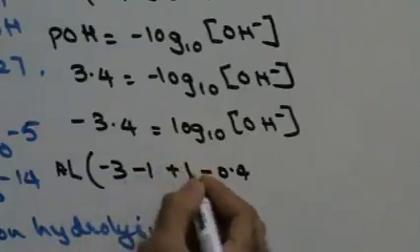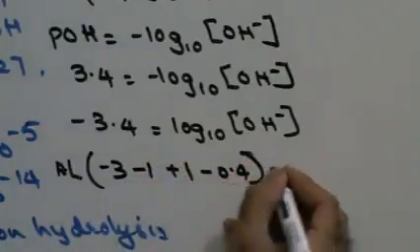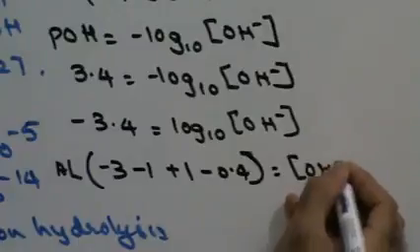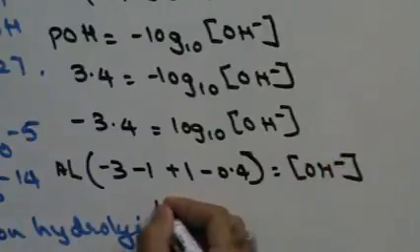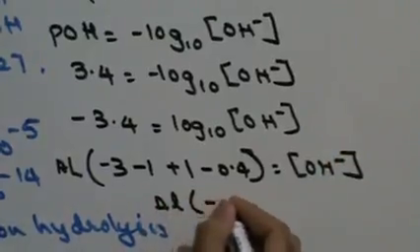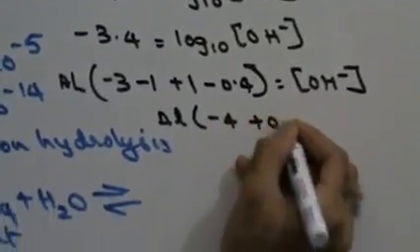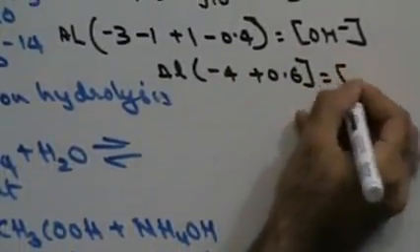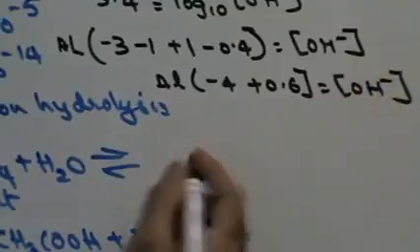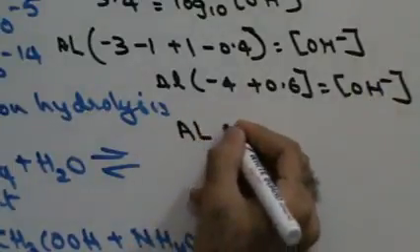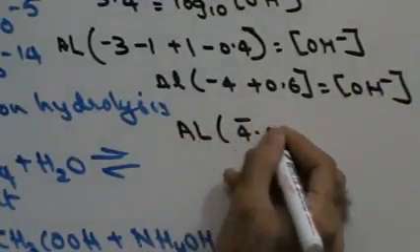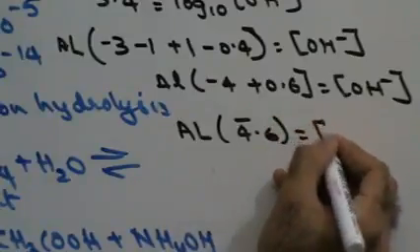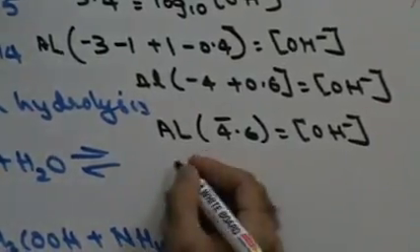Subtract 1, add 1. It will give you OH negative ions. So this is going to be antilog of negative 4 plus 0.6. So this is going to be antilog of 4 bar 0.6 is OH ions. When you substitute this, you will get this answer as 3.981.